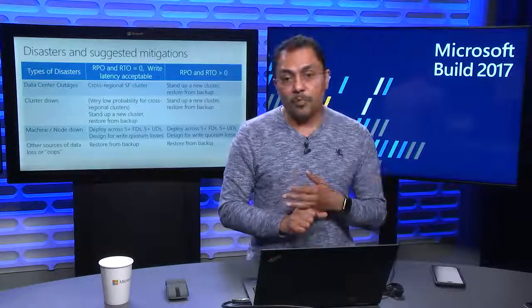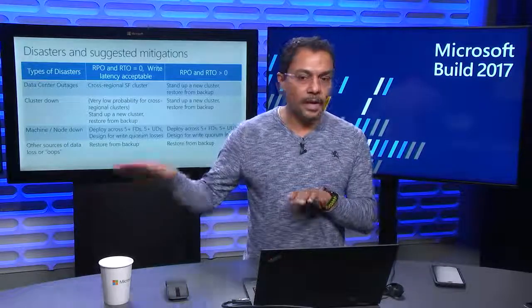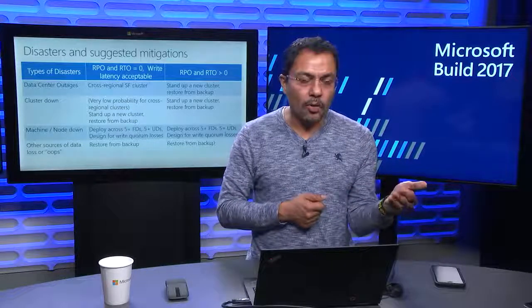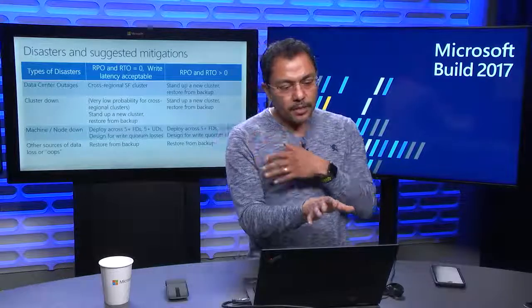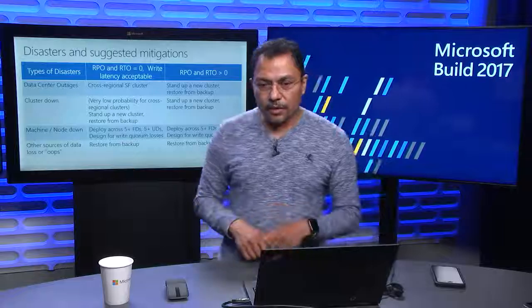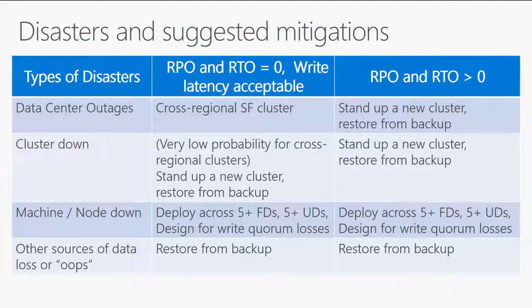And then there could be machines going down, the fabric controller moving them out and in based on some upgrades going on. That actually is a normal course of events in Azure, but it is a part of it. It could be a disaster unless you plan for it. And then the last one is oops. For example, fat fingering or setting up, or you had bad practices where you have deployed something into production you should not have, and so forth.